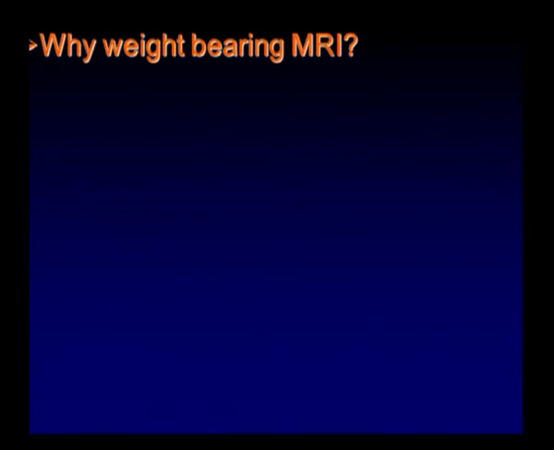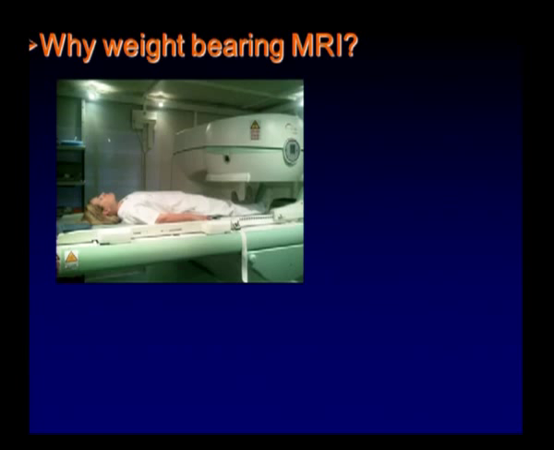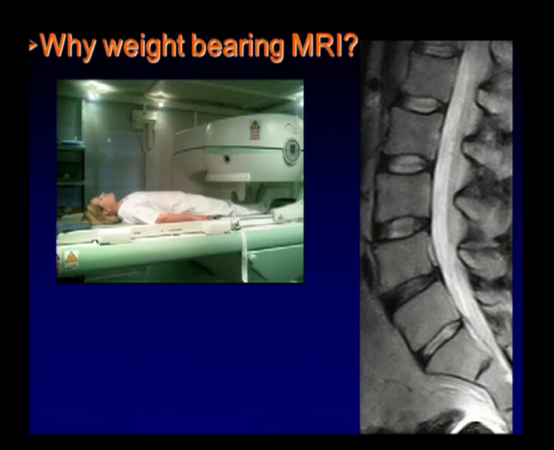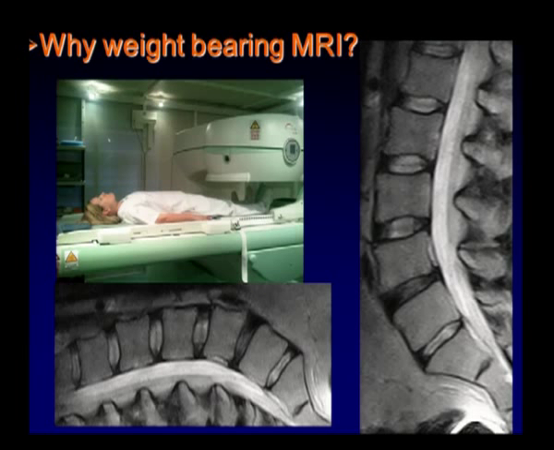The question is, why should we perform a weight-bearing MRI? Once we perform the standard MRI examination of the lumbar spine of this patient and sit in the reading room to analyze this imaging, strictly speaking, this is not how we should read this MRI. Strictly speaking, this is how we should read this examination.